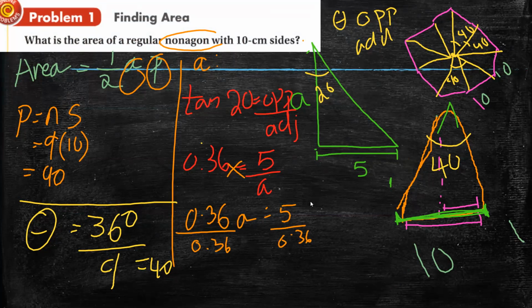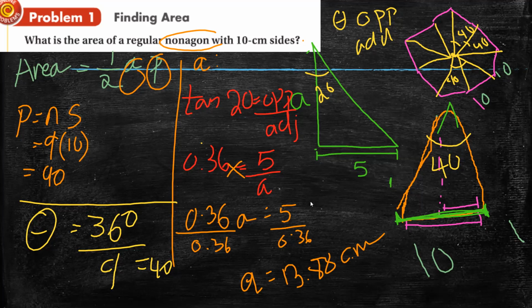Then let's divide 5 over 0.36. We found now that the apothem is 13.88 centimeters. So by now we have found the apothem.